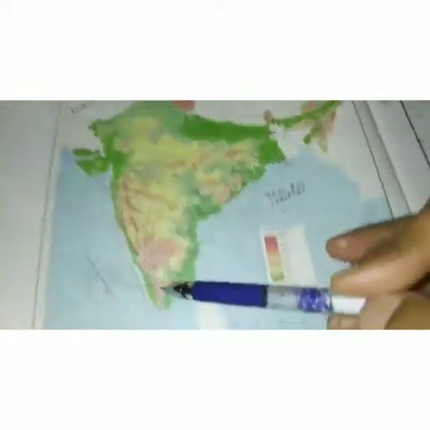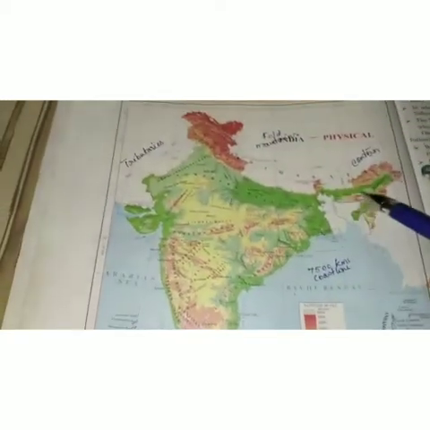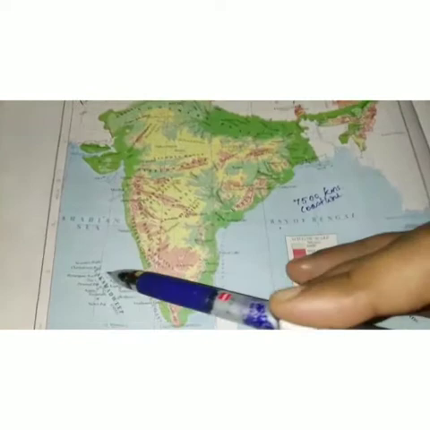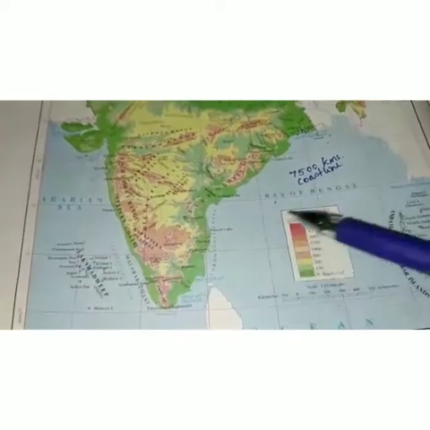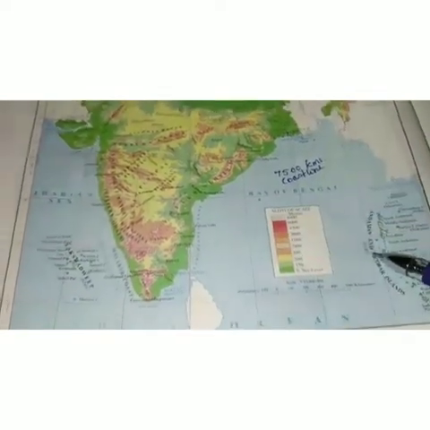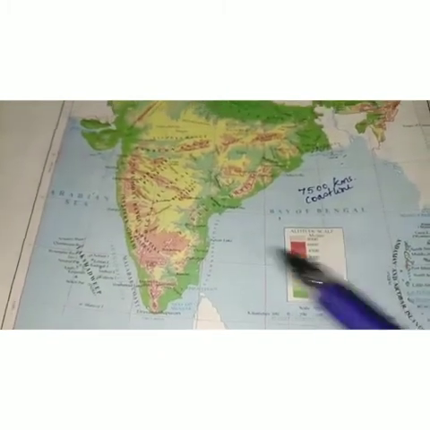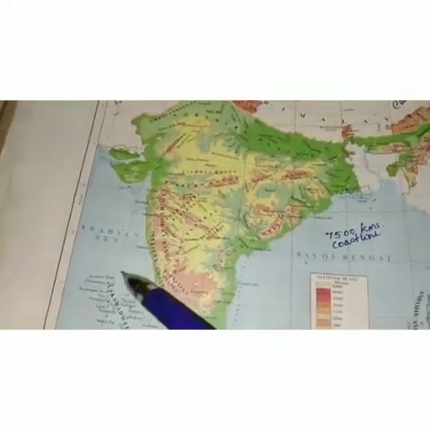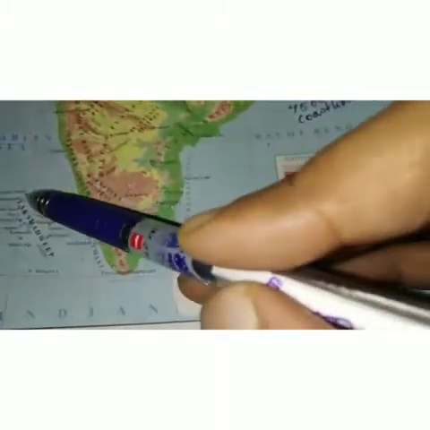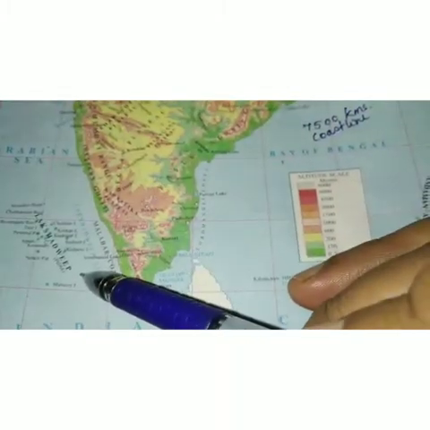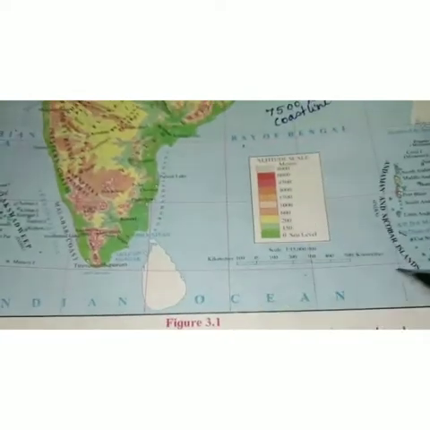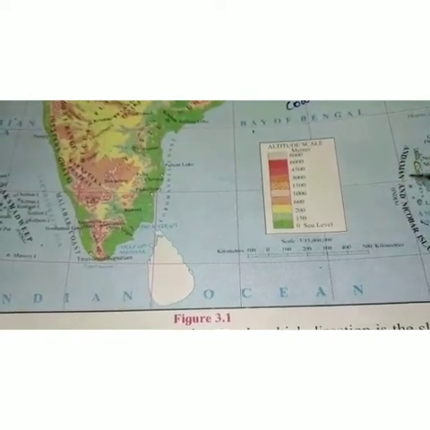As we leave the mainland of India, we reach the islands, the islands in the Arabian Sea and the islands in the Bay of Bengal. In the Arabian Sea, the Lakshadweep Islands are found, whereas in the Bay of Bengal, we find the Andaman and Nicobar group of islands.